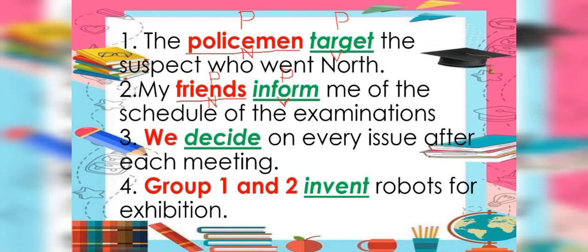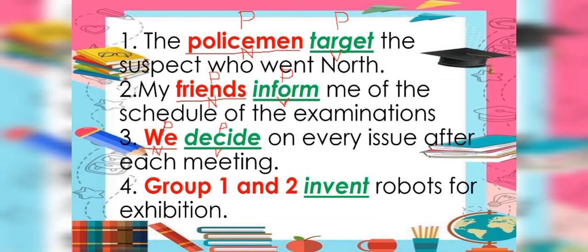For number 3, the noun is we, and this is the doer of the action. We is the doer of the action, and this is a plural noun. And we use the verb decide, and this is also in a plural form of the verb.